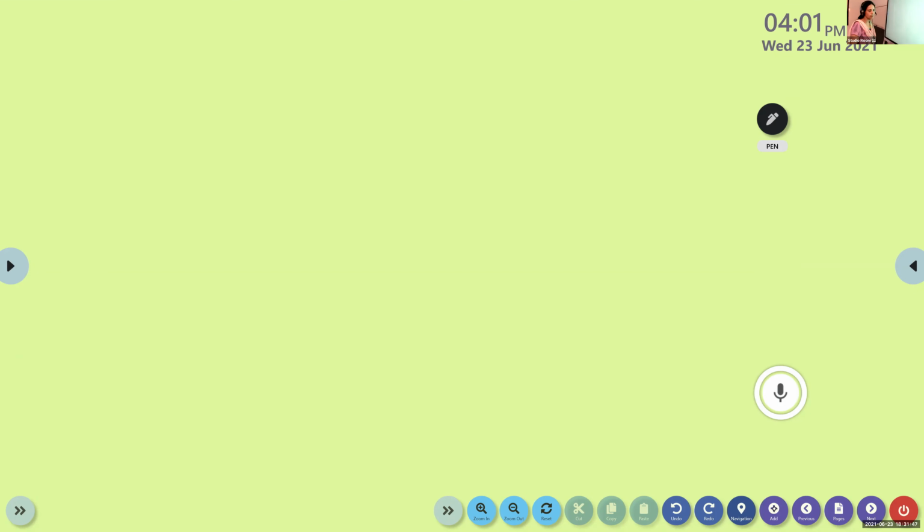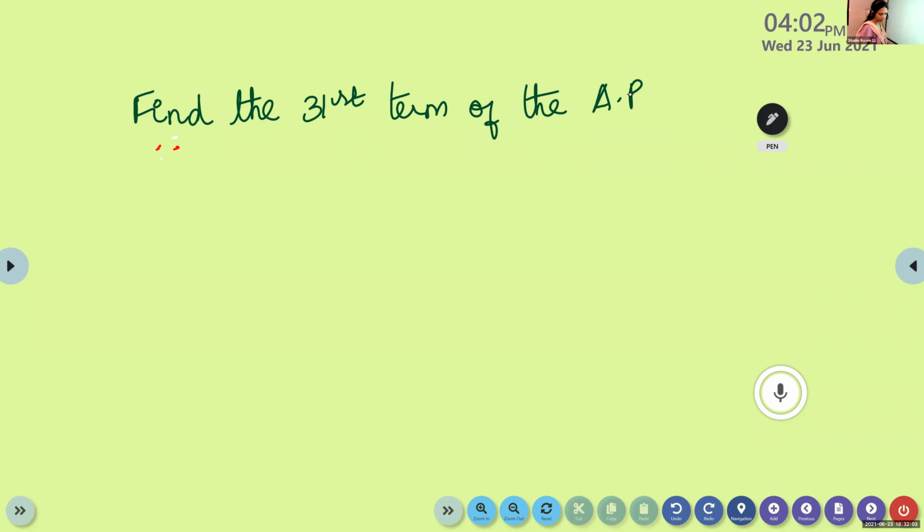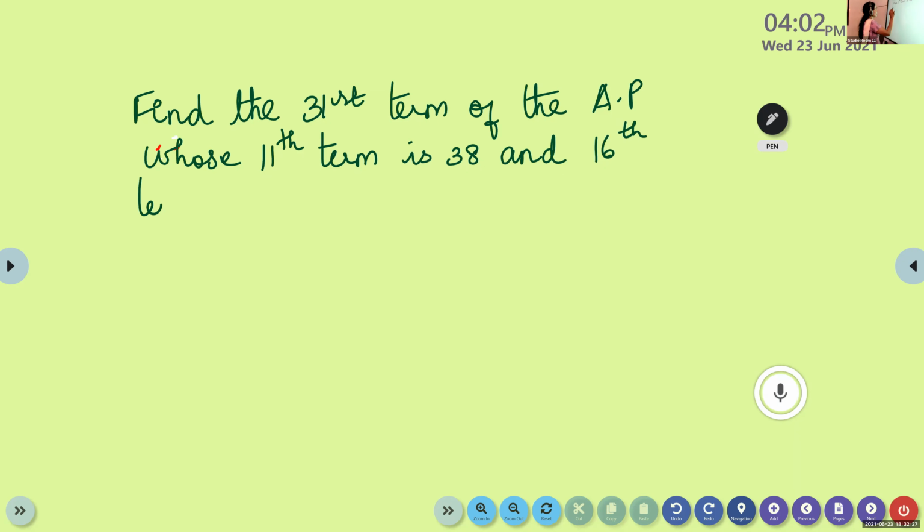Find the 31st term of the AP whose 11th term is 38 and 16th term is 73.